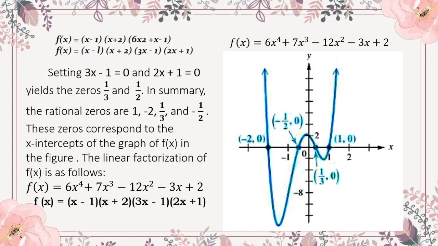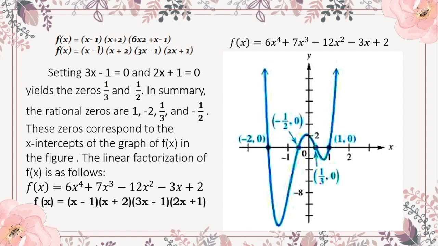So as we have said, we have our linear factorization of our polynomial function, which is f of x is equal to 6x to the power 4 plus 7x cubed minus 12x squared minus 3x plus 2. And also we have found our zeros, which are 1, -2, 1/3, and -1/2.